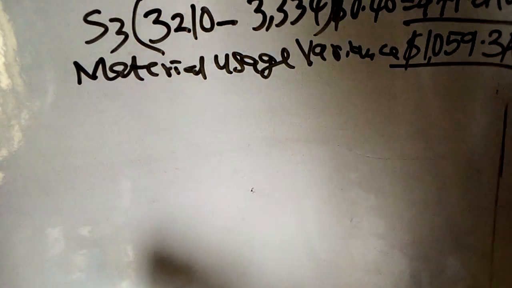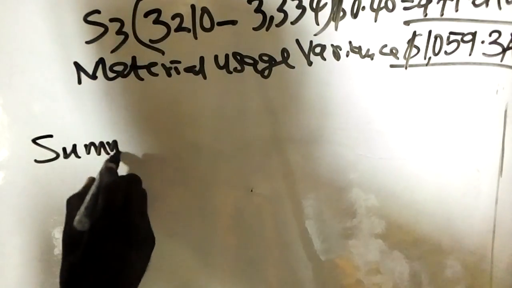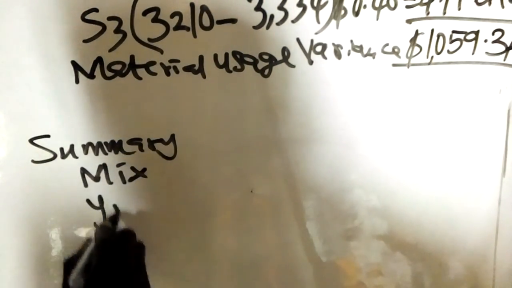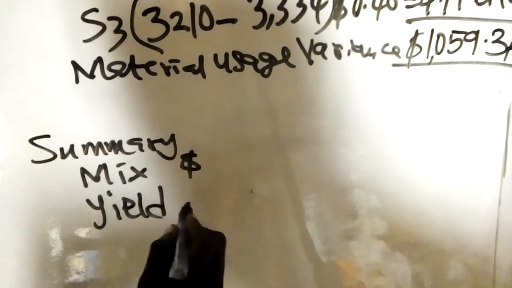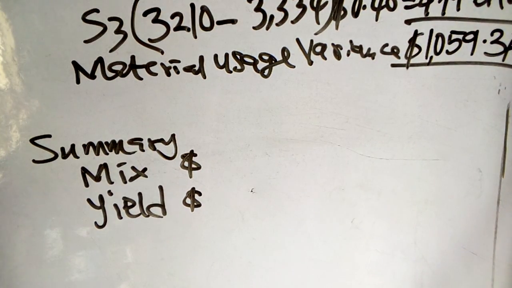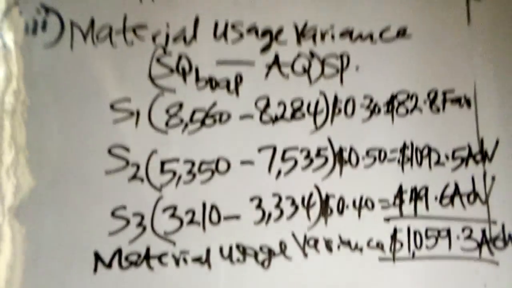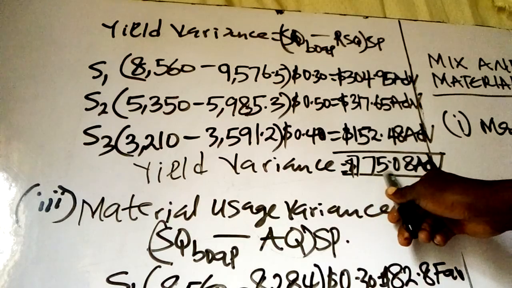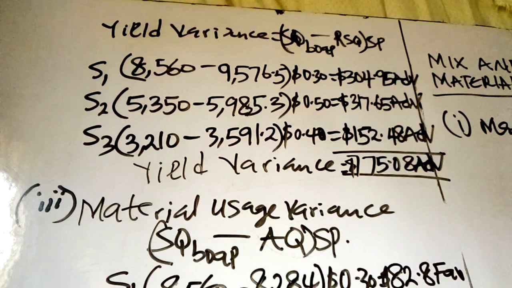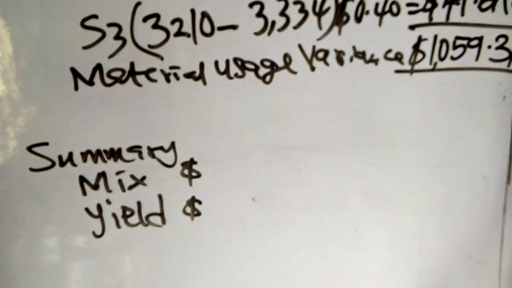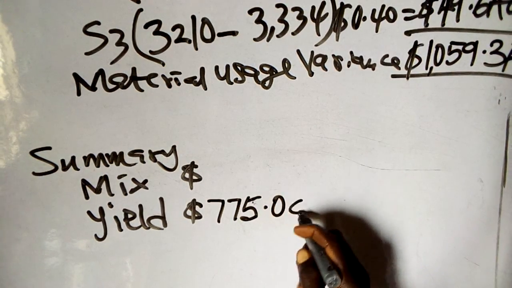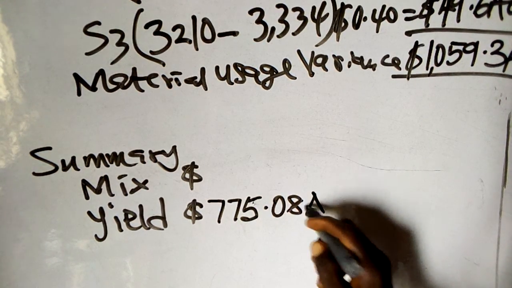The summary: we have computed our material mix variance and our yield variance. Our material yield variance is 775.08 adverse.